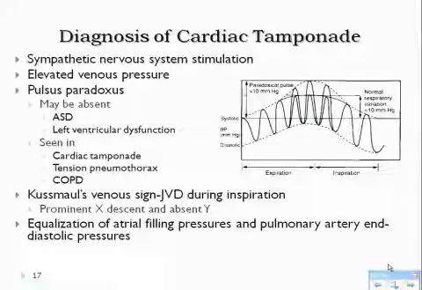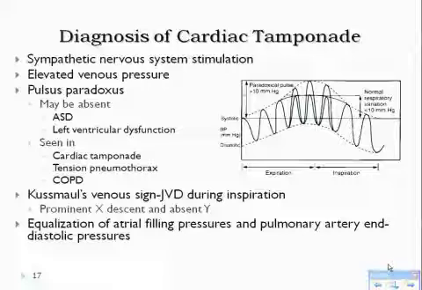What you normally should see on normal inspiration is that the person's pulse wave should diminish a little bit, okay, or stay fairly constant. But what you see in these individuals is that their actual pulse wave increases on inspiration. The inspiratory effort actually helps eject more blood out of the ventricle, and you get a greater pulse wave during inspiration, which is not normal.